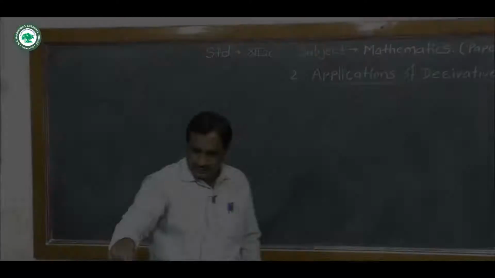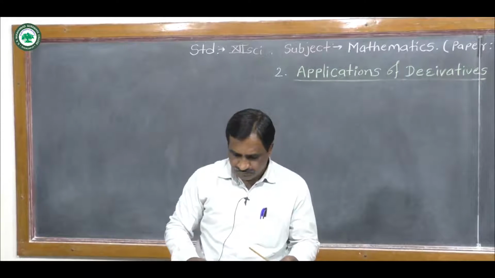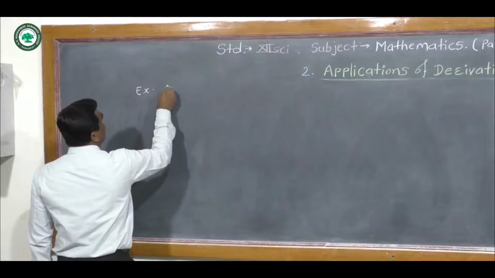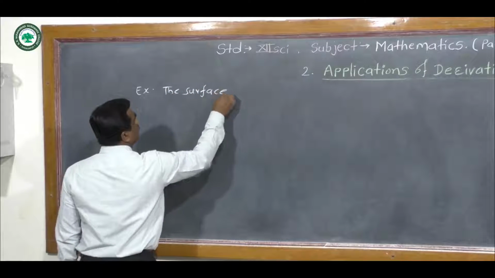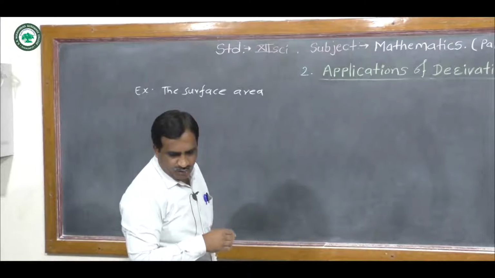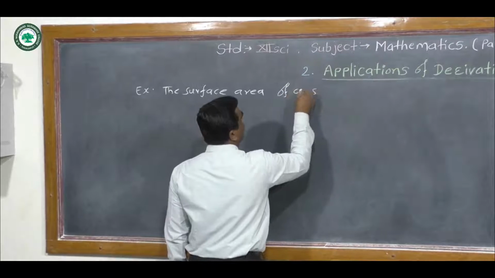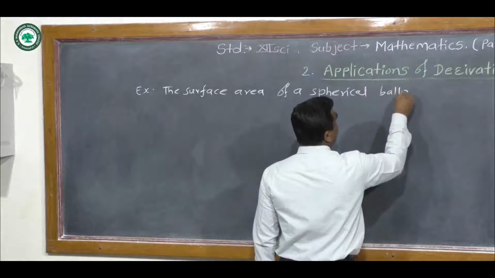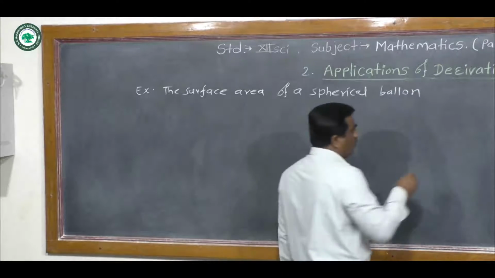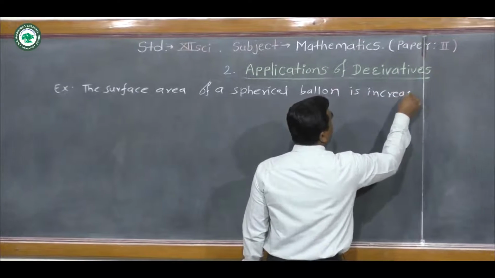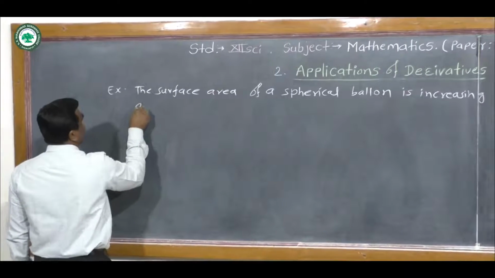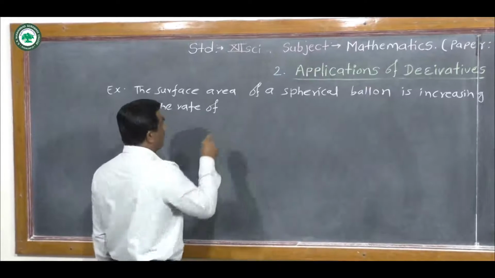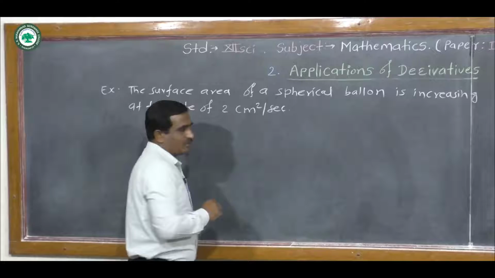Second example. The surface area of a spherical balloon is increasing at the rate of 2 centimeters square per second.